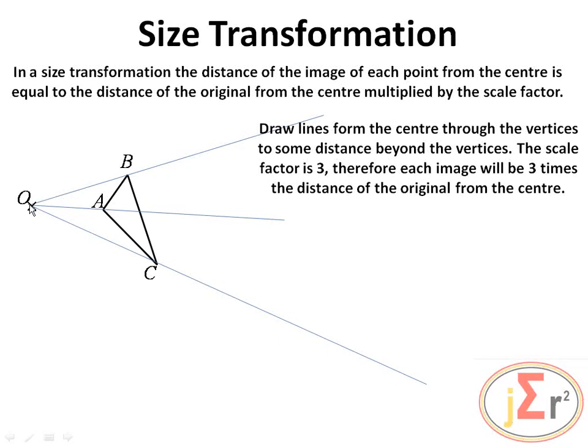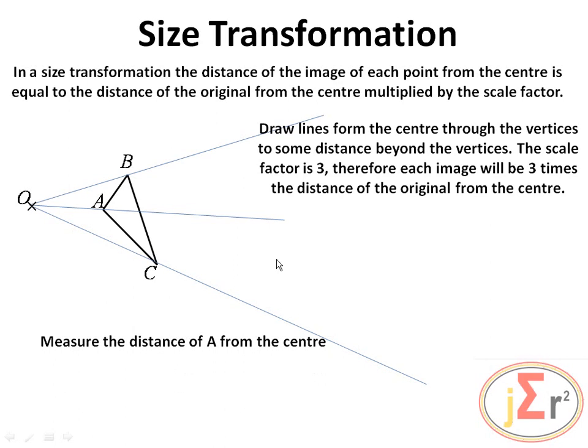So the distance between the center and the image point is expected to be very much larger than the distance from O to B. And that is why we have these lines going all the way up here, and this one going all the way across here, and of course this one goes some great distance down there.